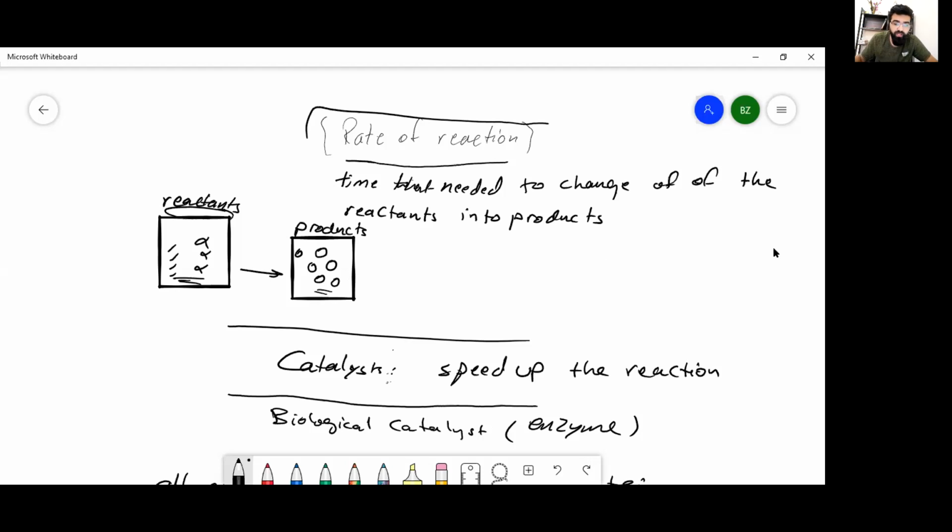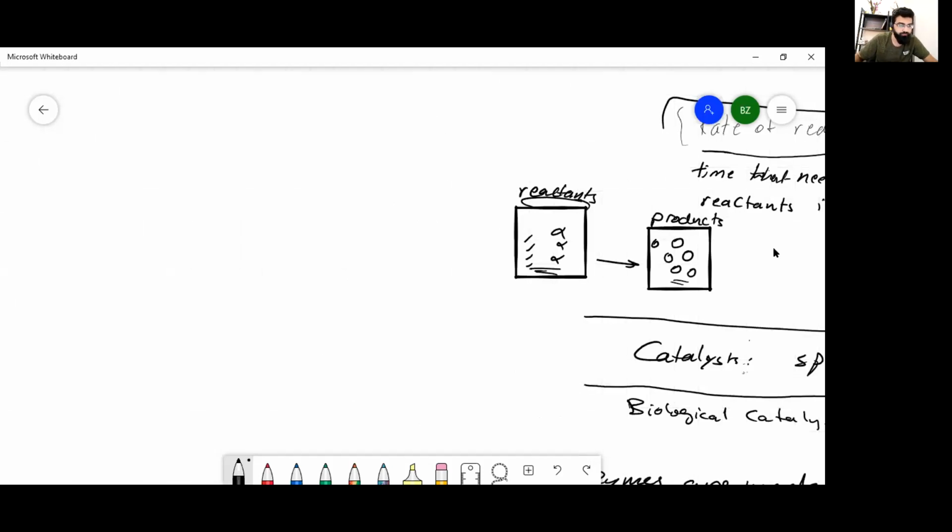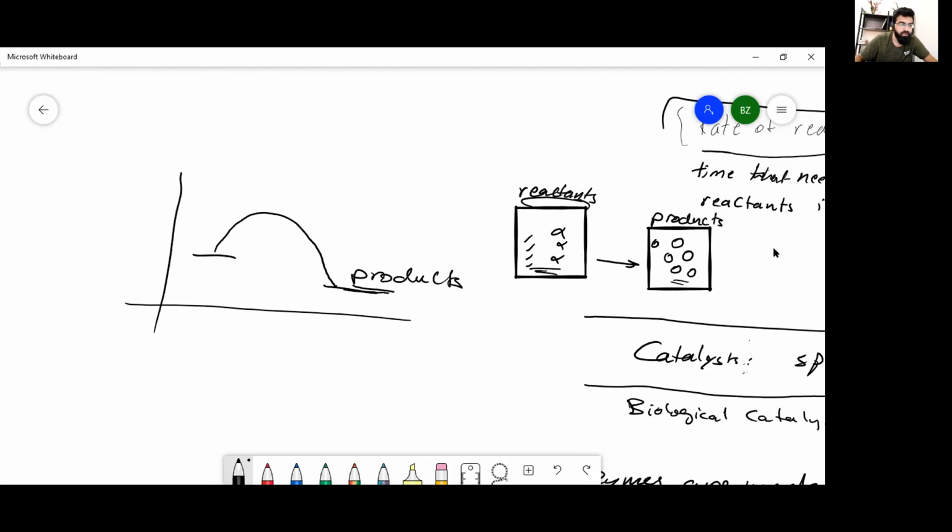So here, if I draw a graph, we have reactants and products. As we said, we draw it like that. These are the products. These are the reactants. Here is the energy level. Now how much activation energy is needed for this reaction?